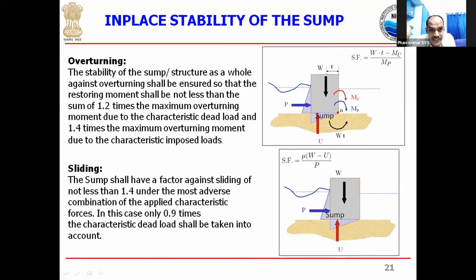This overturning and sliding, I already explained briefly. Basically, we use different safety factors for maximum overturning moment due to characteristic dead load and also due to imposed loads. For sliding, we assume the friction based on the seabed, and then we try to see that the sliding is within the permissible limit so that we can arrest it.